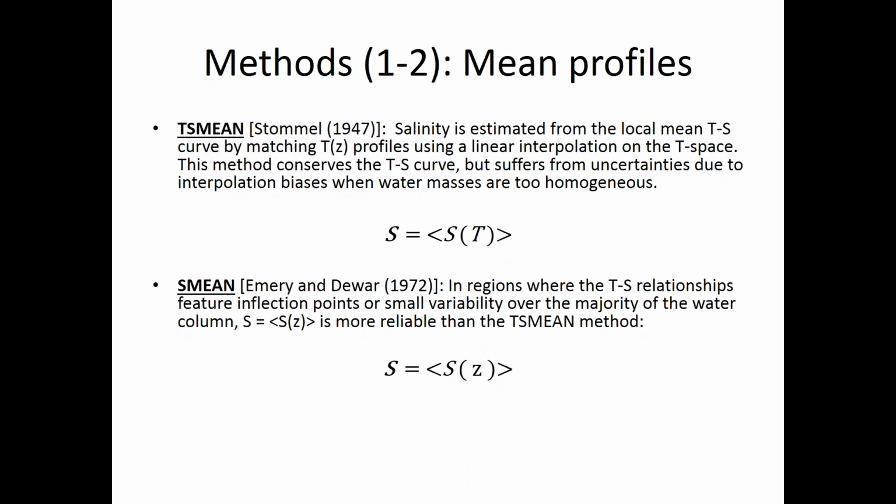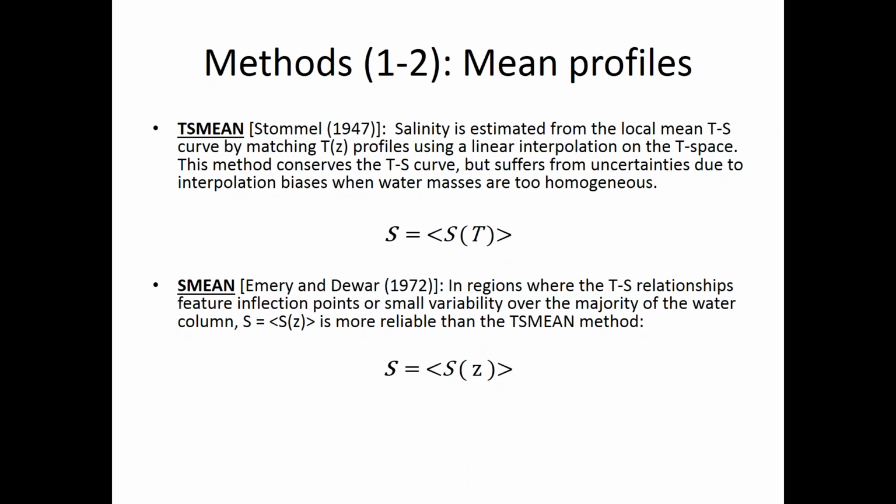So we just use the mean TS relationship, and when you get a new temperature profile, we interpolate linearly and get the salinity for that profile. This is good, but as we see later, when you have a water column that is too homogeneous in salinity, the method basically gets lost with the interpolation.